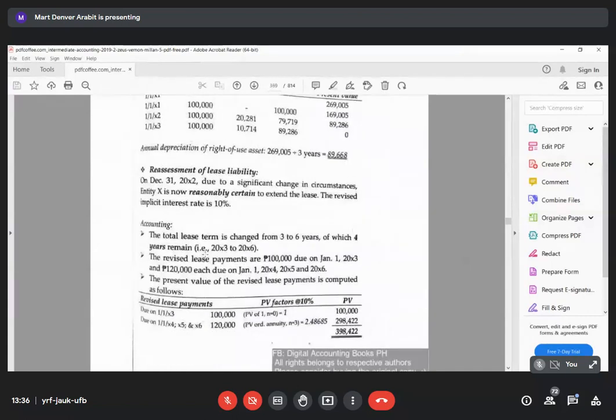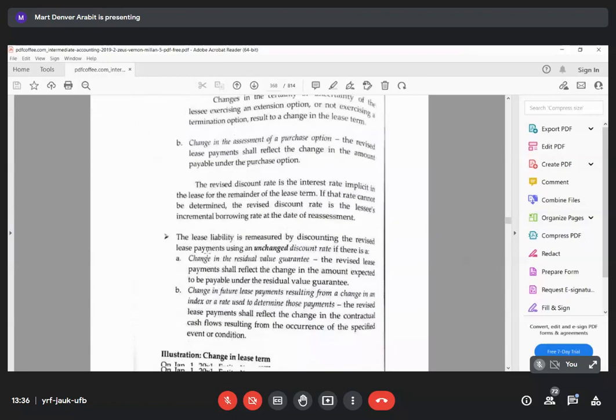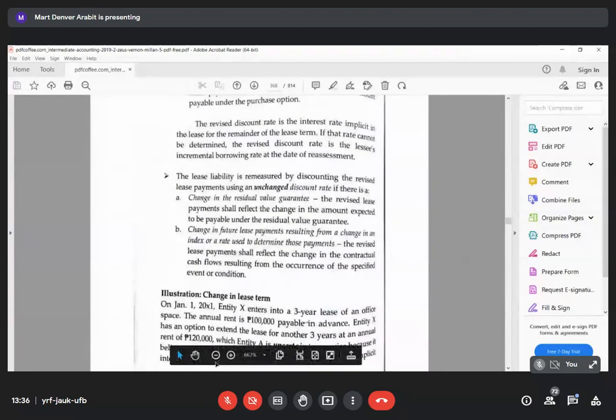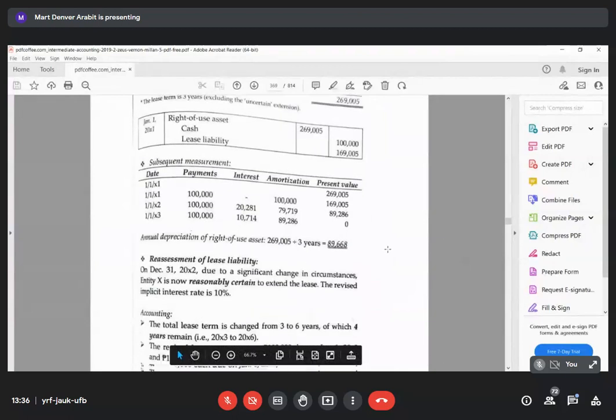Reassessment of lease liability. So on December 31, 2022, due to a significant change in circumstances, Entity X is now reasonably certain to extend the lease. So the revised implicit interest rate is 10%. So nabago siya from 12, naging 10 na siya. Okay.